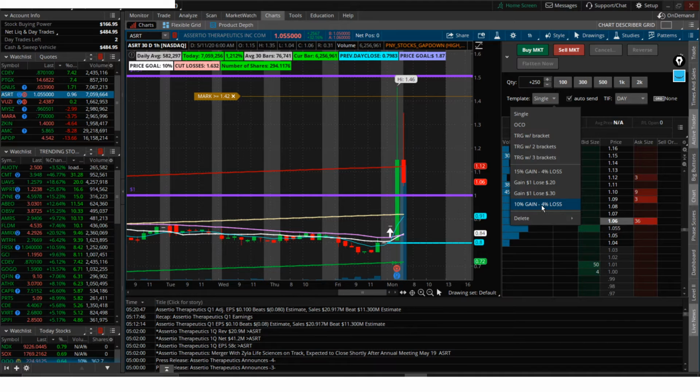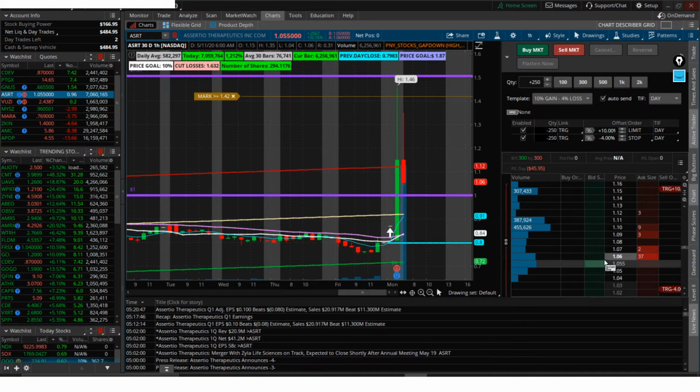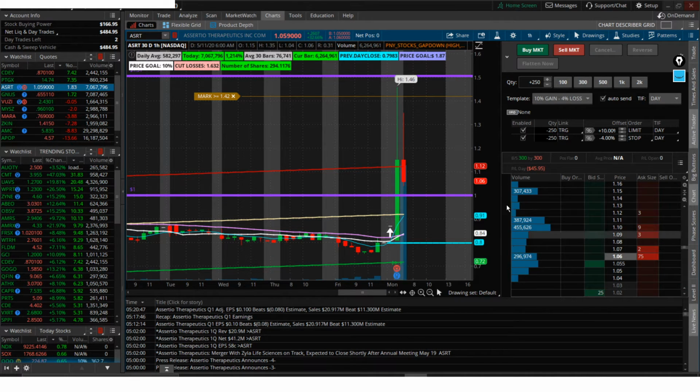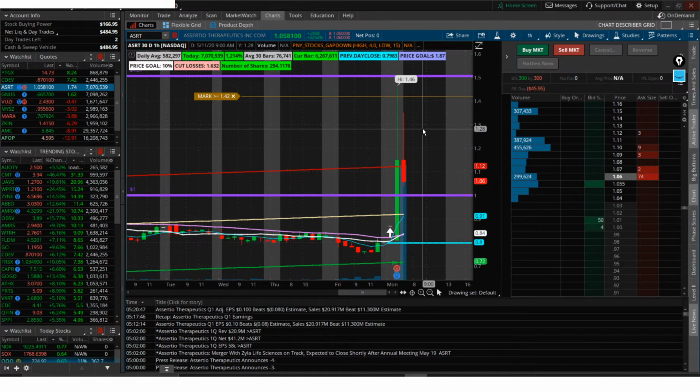Because with my brackets, let's say I want to buy in right now. You see these brackets that pop up right here. This red line that pops up over here literally tells you where you're going to be buying and where you're going to be selling. Of course, I'm not going to do it right now because I don't want to buy any more shares of ASRT.